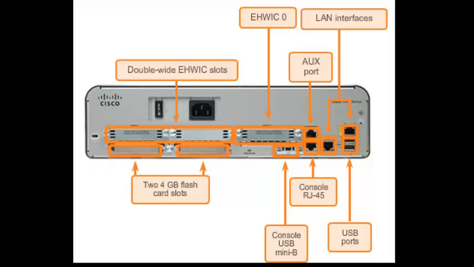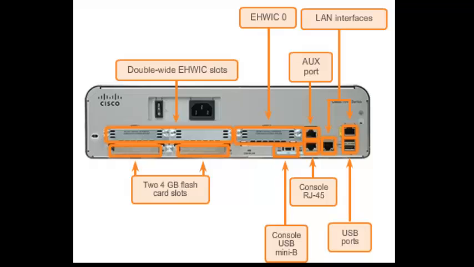2 console ports for the initial configuration and command line interface management. They are usually an RJ45 and a mini USB. Another connection is the aux port, which is an RJ45, and it is used for remote management access.